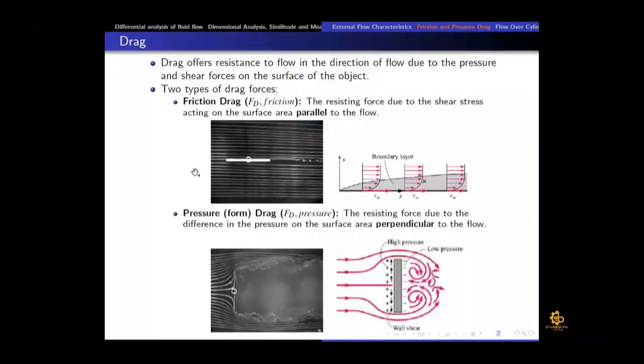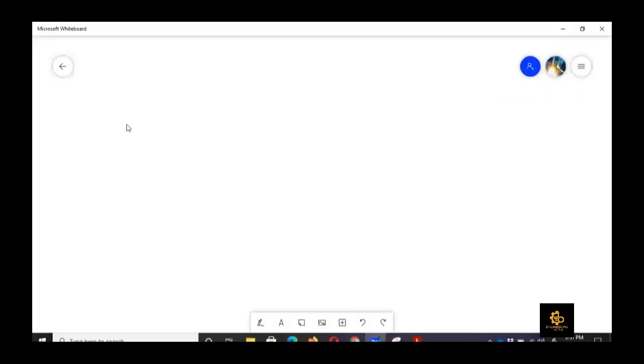So one component, if I recap it, is friction drag.